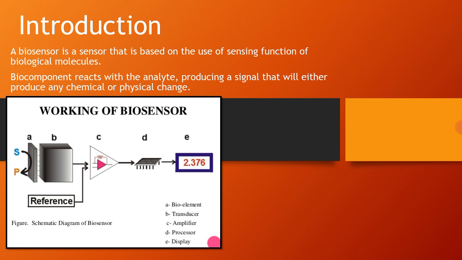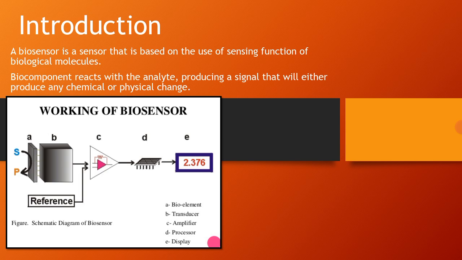Then D will be the processor that will process that signal to the detector or the reader, and E will be the display. Okay, then our signal that is produced with the biological molecule will be seen on the display.